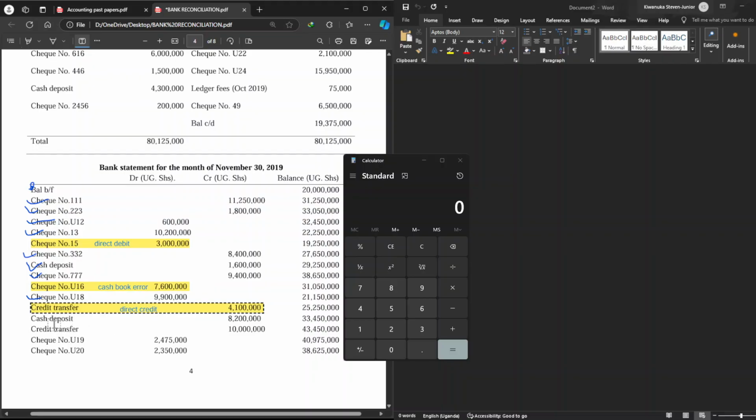Yeah. So we have here cash deposit. Somebody has your account number and deposits for you. Whenever they deposit money in your account, we say that they have credited your account.